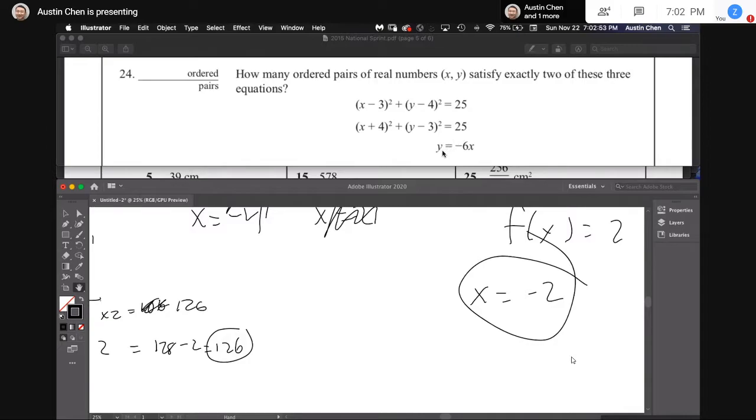So one way you could do it is graph this by hand, because you don't have calculators on screen. You could graph the two circles and graph the line, but you have to make sure your graph is really well drawn, to scale.